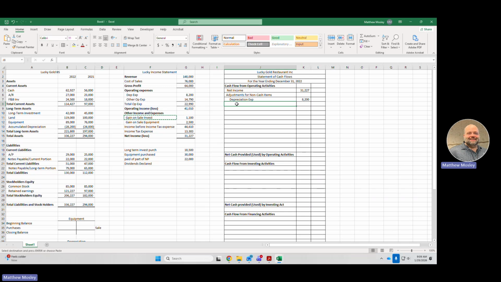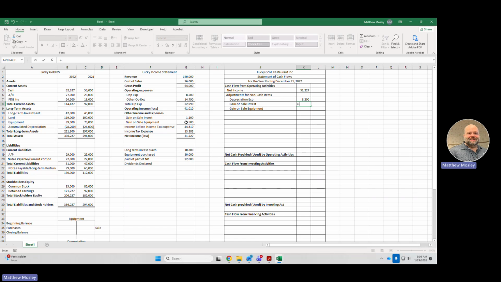Instead of typing it myself, I'm just going to go ahead and do that, and indent it so that we see that everything's in the same mathematical sphere. And then we have gain on sale.